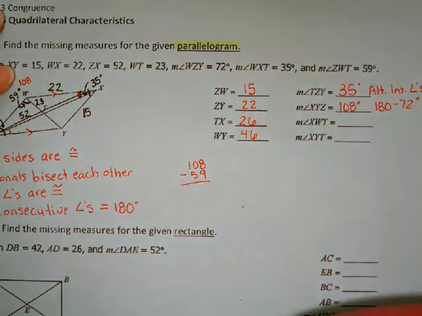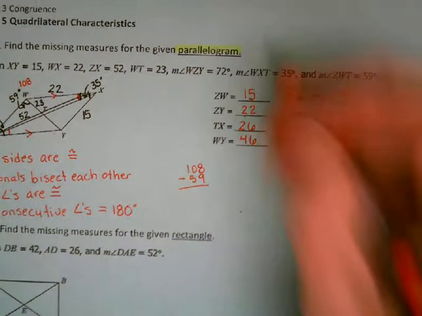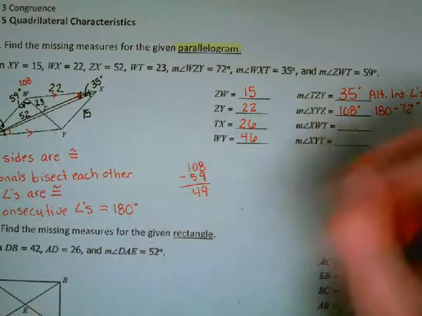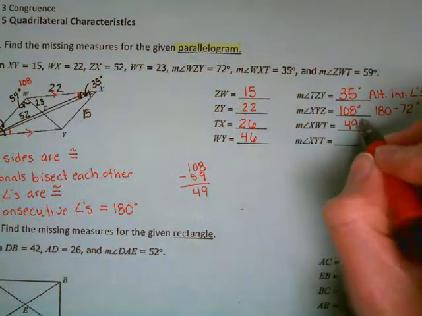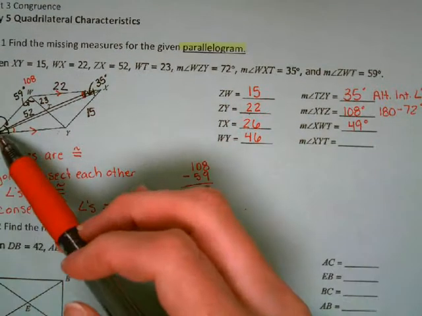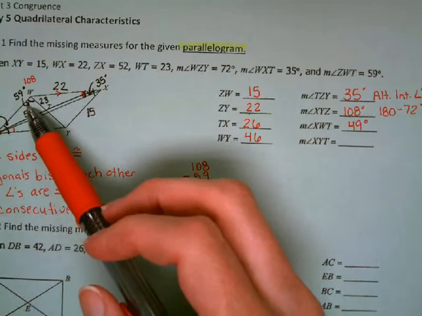And that is 49 degrees. Or you can take 72 from 180 and then minus another 59, and what would be left was 49.